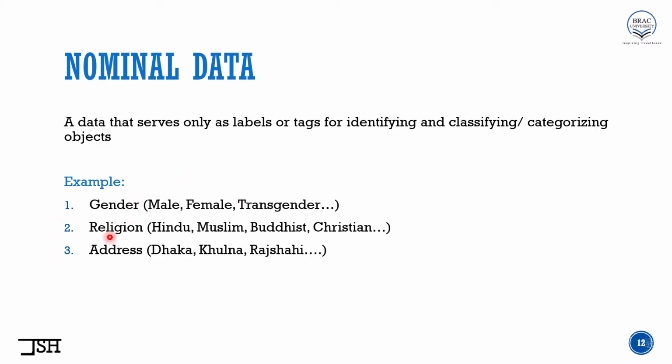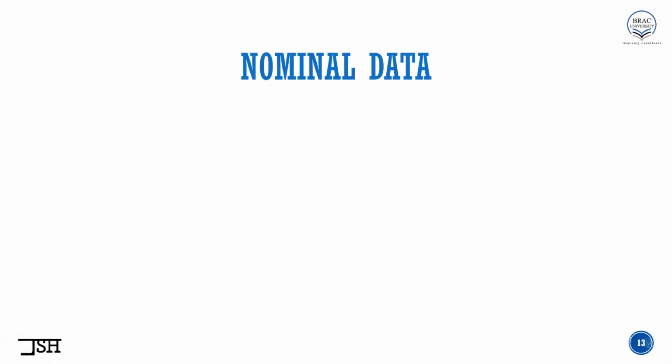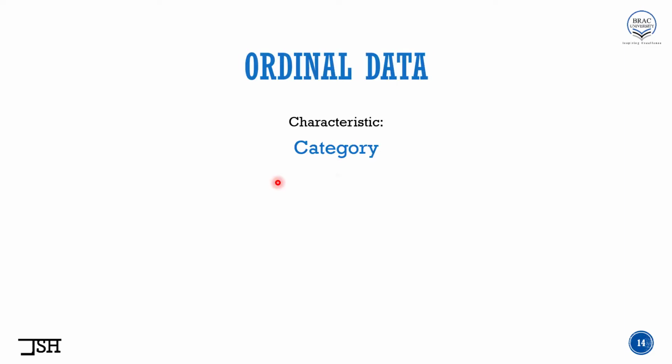Rather, these are nominal data only. Why? Because they do not have any certain order or rank. They just have categories. Alright, so just to summarize, in nominal data we have one characteristic. We have just category. However, in ordinal data, we have both category and at the same time we have order or rank. Alright, we are done with nominal and ordinal data.